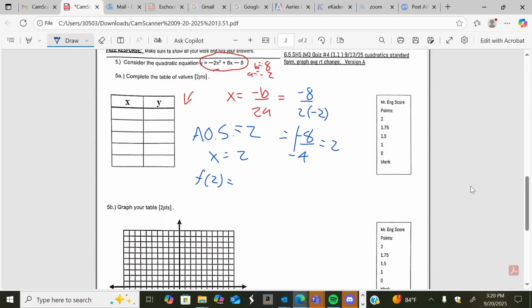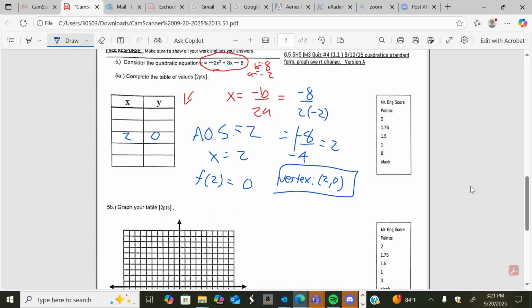When we plug it in, we end up getting 0. So we now have our middle value. So our vertex is really 2, 0. Remember, the vertex is actually just a point on the graph, the middle point. So we plug it in right here in the table of values. We have 2, 0. And all we have to do is keep finding neighboring values.